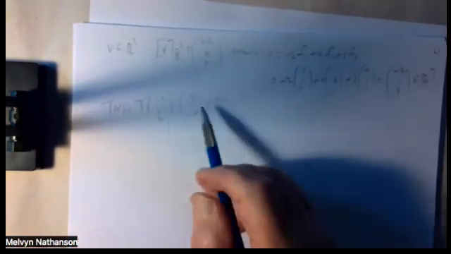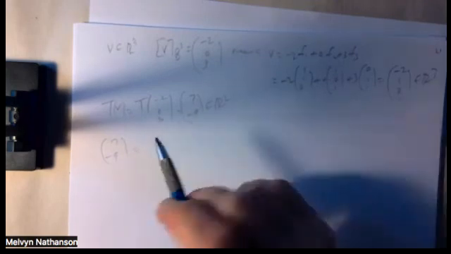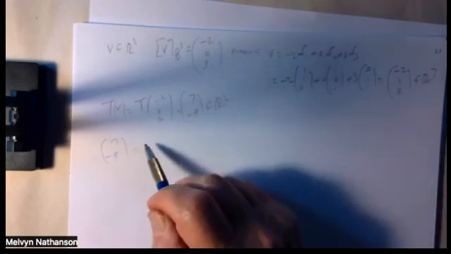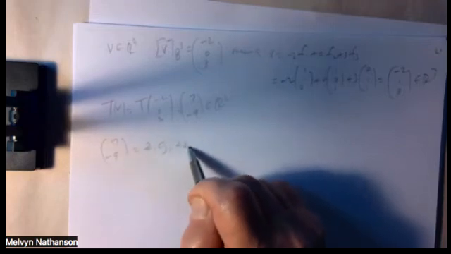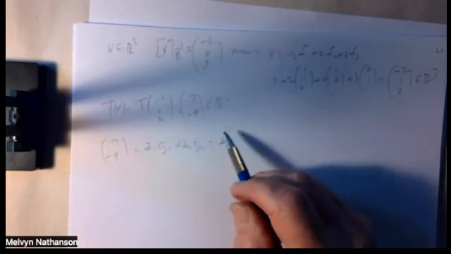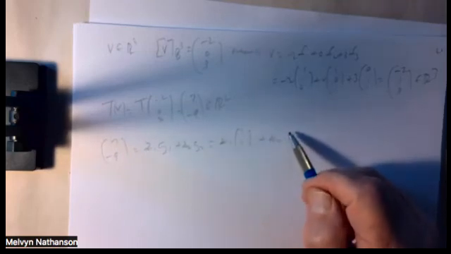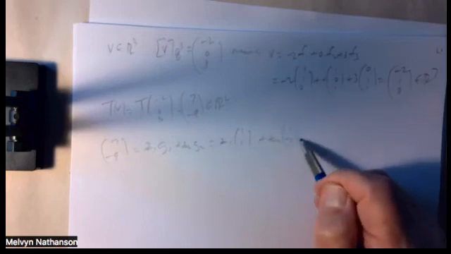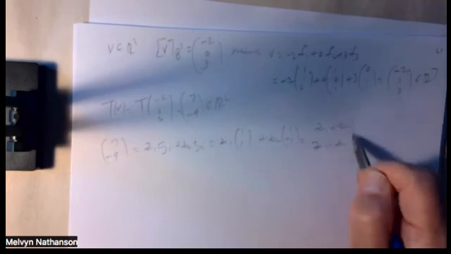And I want to write this as a linear combination of my new basis in R2. I want to write this as, let's just say, Z1 G1 plus Z2 G2. So Z1 is my unknown. What is G1? G1 is 1, 1. And G2 is 1, -1. So that's Z1 plus Z2, Z1 minus Z2.